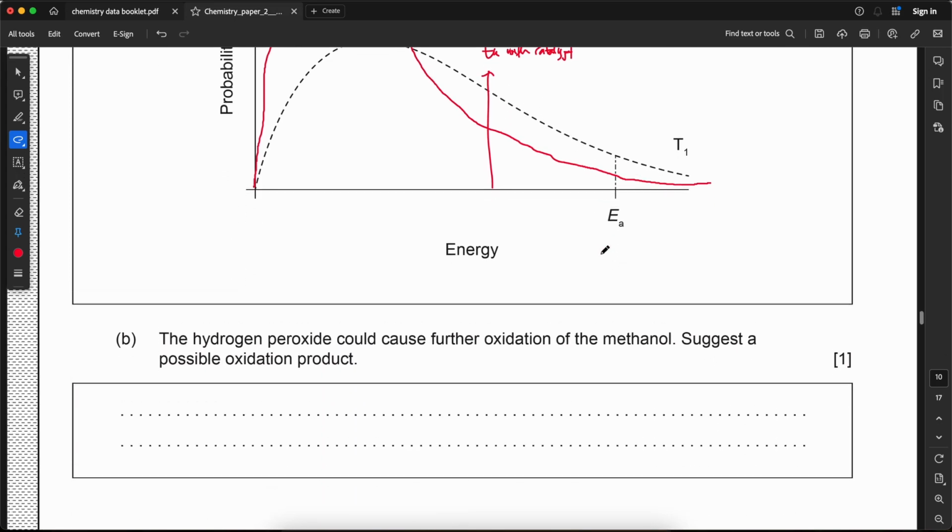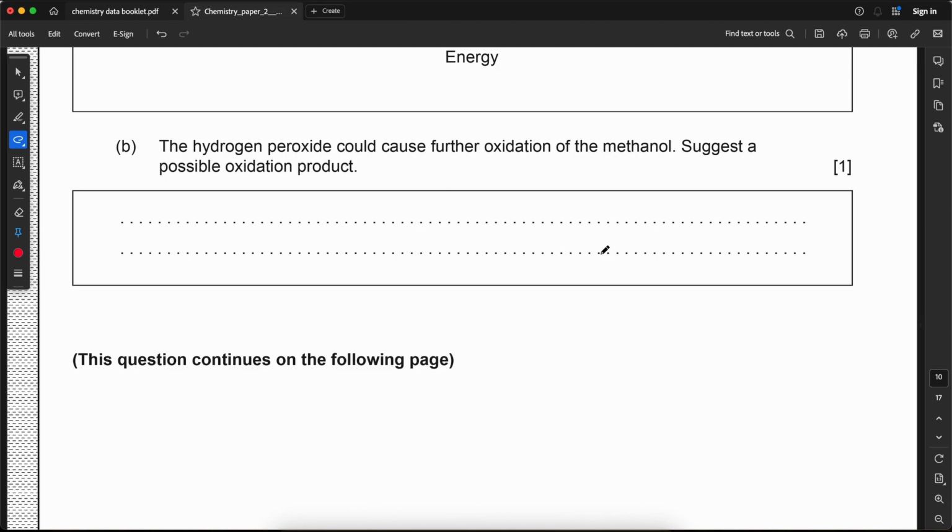Okay. The hydrogen peroxide could cause further oxidation of the methanol, suggest a possible oxidation product. So it's methanol. Methanol is a primary alcohol. So primary alcohol, which is methanol, when it is oxidized, will produce methanal.